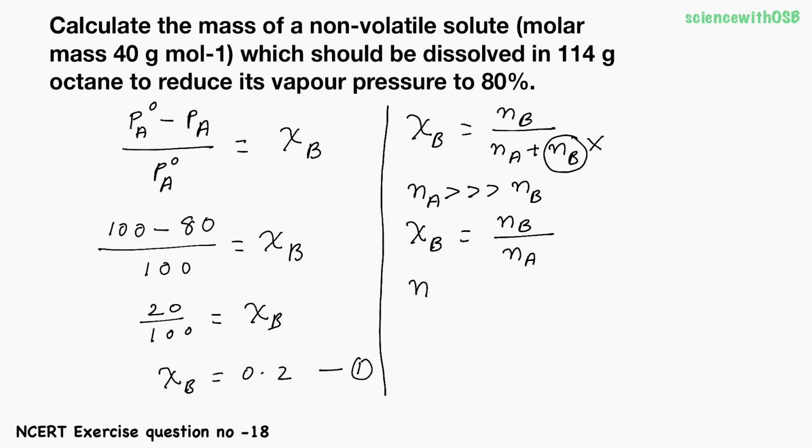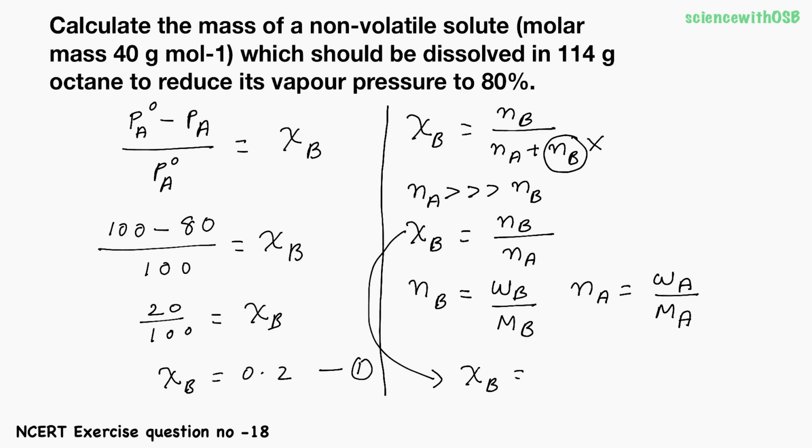Now, what is NB? Number of moles of solute is mass of solute by molar mass of solute. And number of moles of solvent is mass of solvent by molar mass of solvent. So mole fraction chi B is equal to NB, NB is WB by MB, right?